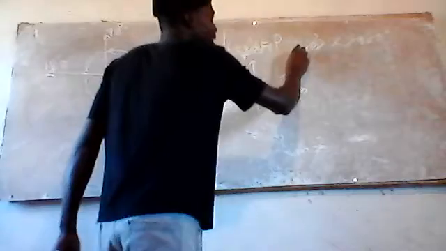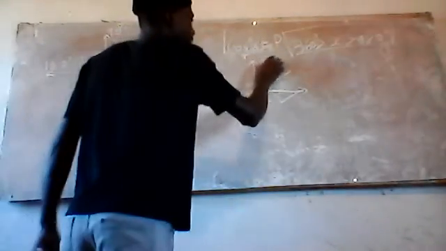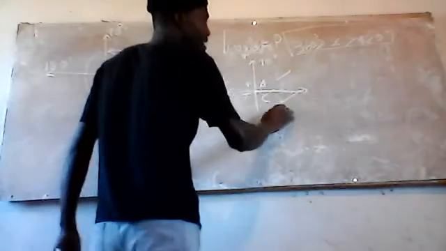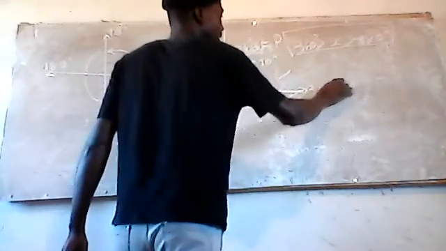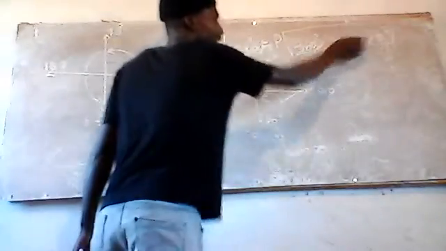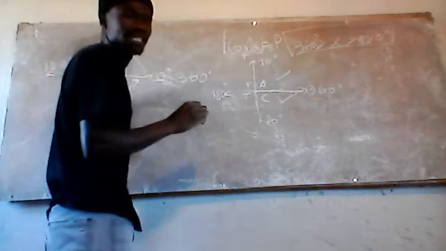The second thing that will help you to identify it is to know those lines, guys. We have 90 degrees, 180, 270 degrees, 360 degrees. So let's look at it: they told me that my x is greater than 180 degrees. So I have my 180 degrees there.